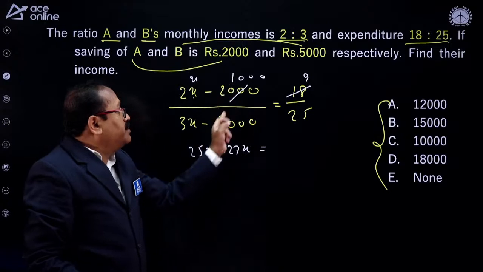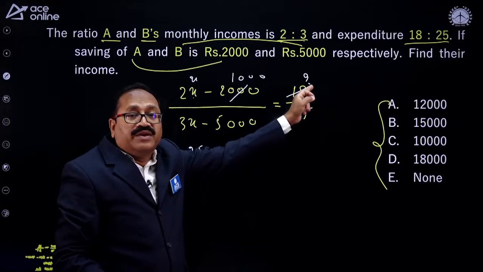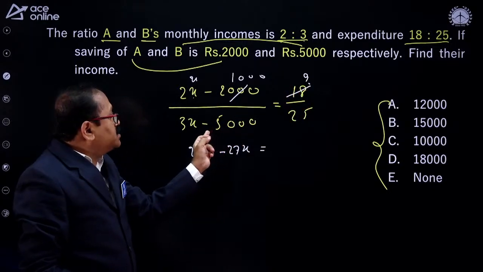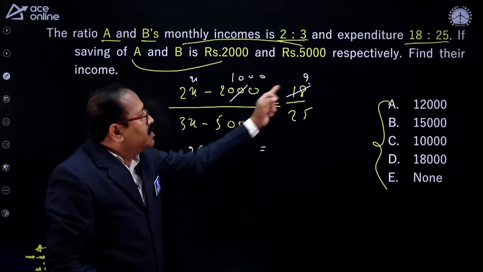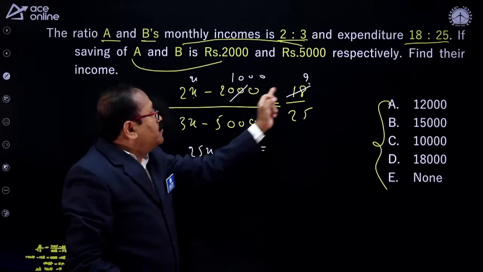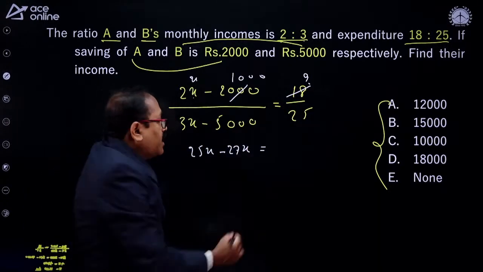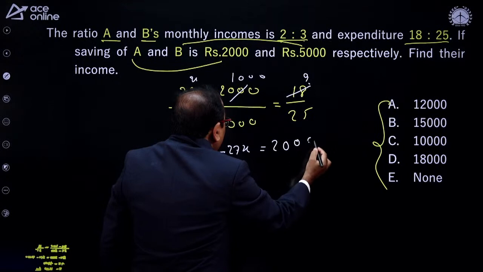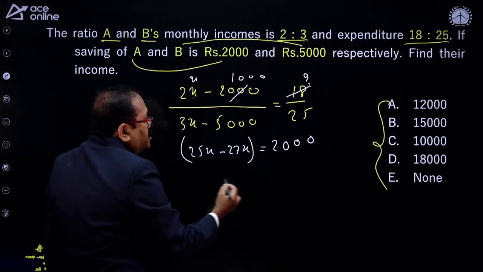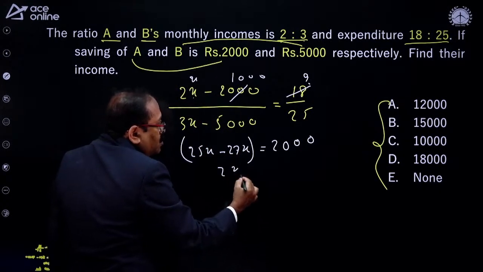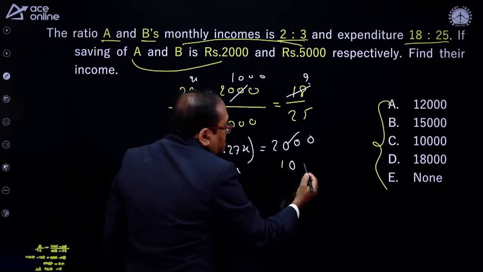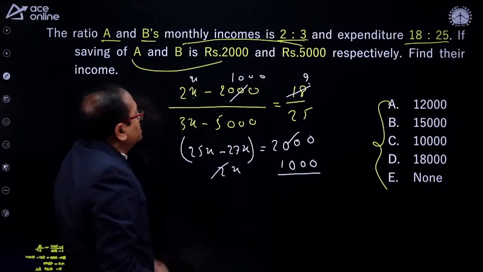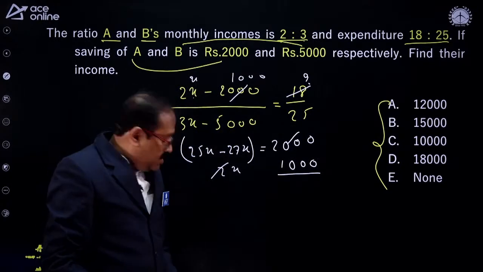Now it is 25,000 and it is 45,000. So 45,000 minus 25,000, I am getting 20,000. So in other words, this is nothing but 2x. So if 2x is equal to 2000, then x is equal to 1000. Once you get the 1000, then this is 2000 and this is 3000.